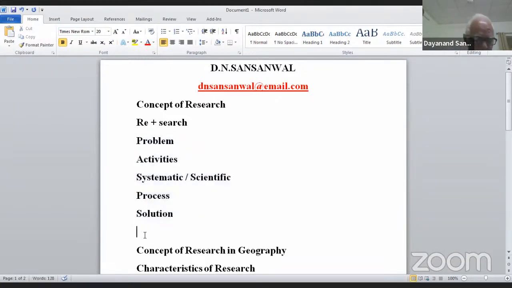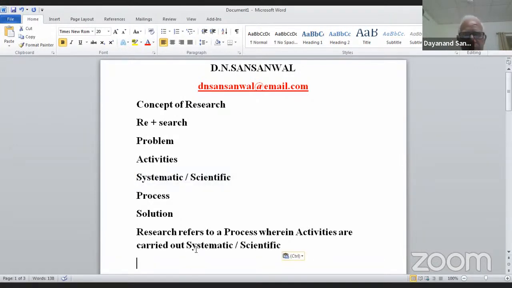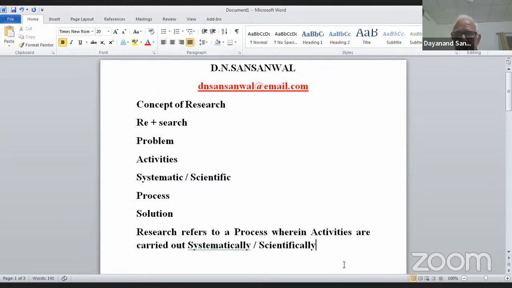So I can define research. Research refers to a process wherein activities are carried out, either systematically or scientifically, any word you can use, no problem, to find a solution of the problem.